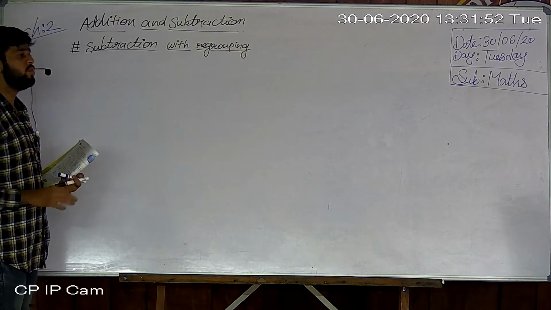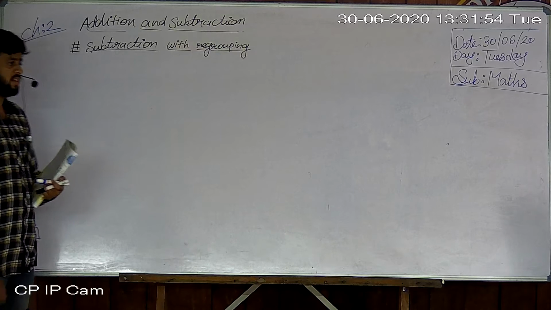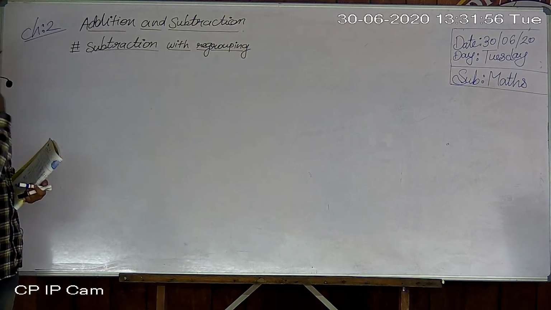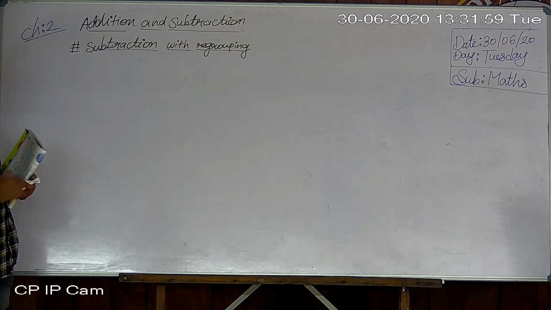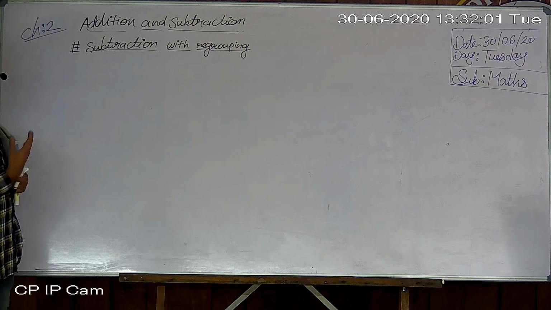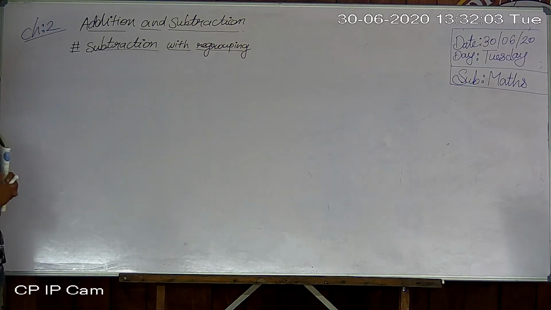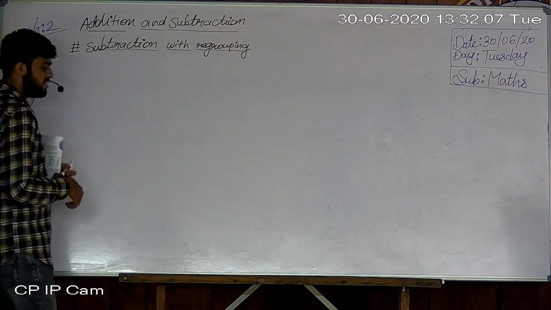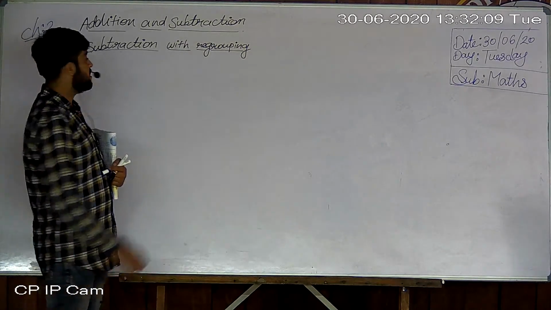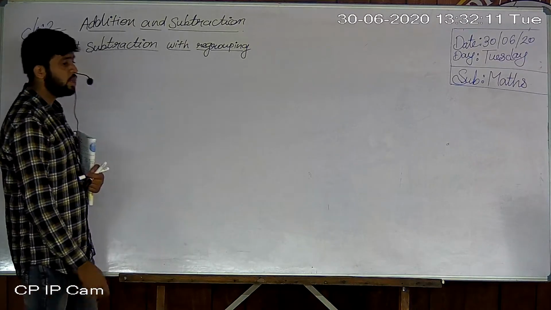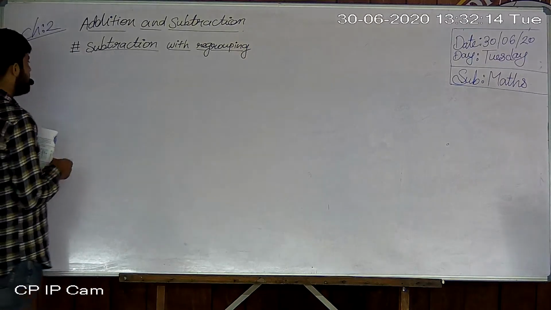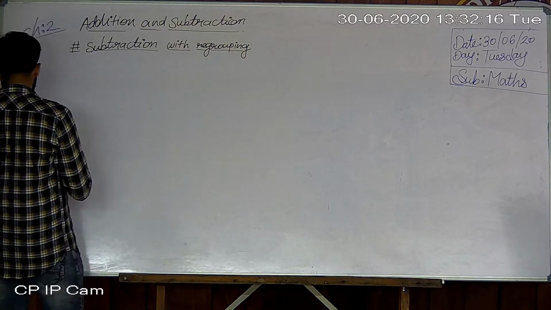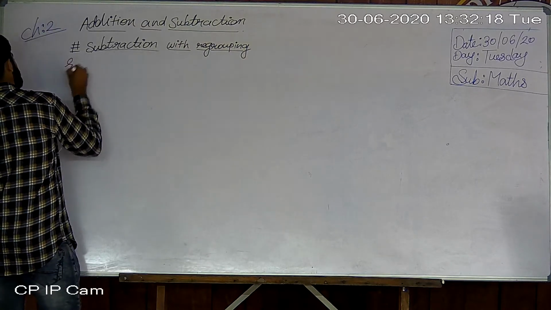Already we know how to do subtraction, but again we are learning subtraction with regrouping. But here we are taking 4 digits. In third standard we learned 3 digit or 2 digit subtraction, but now we are doing 4 digit subtraction.